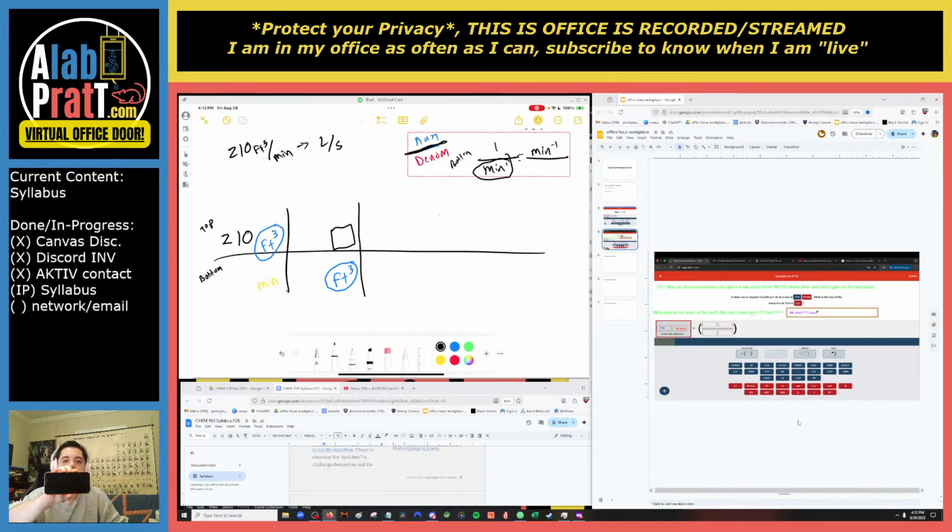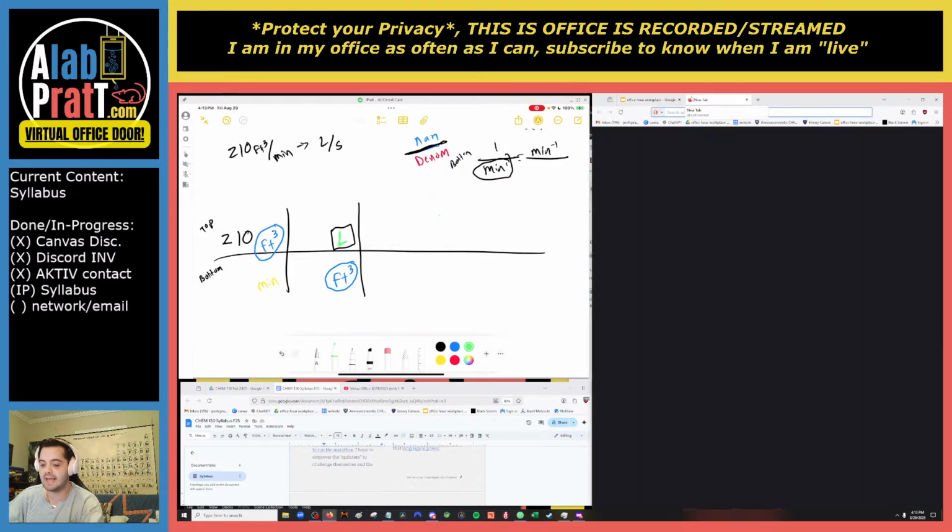With those three measurements of length, I can describe a volume. So three lengths together is a volume. Liter is a volume. You have probably purchased or seen at a party a 2 liter of soda. That is a volume. And so the next unit we need is a liter. So we're going to go to our internet and say, how many liters in a foot cubed?